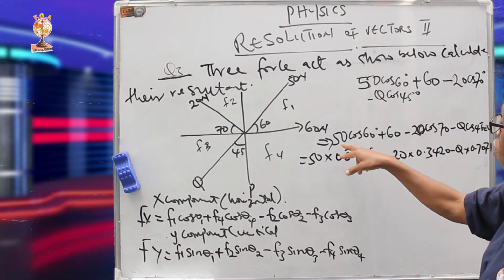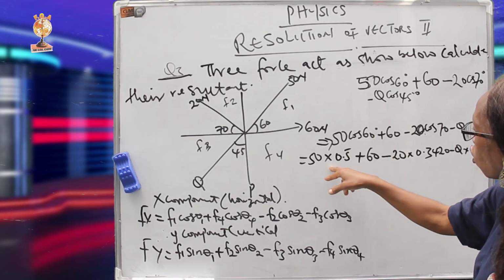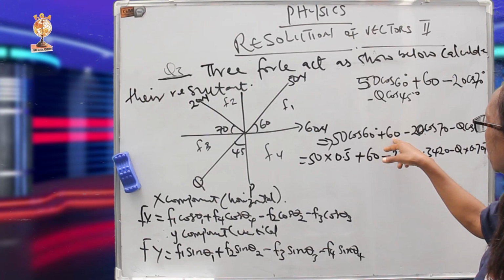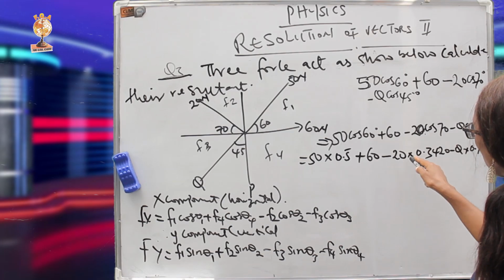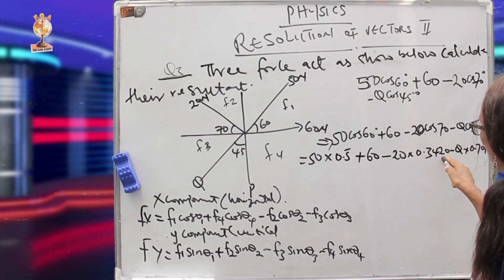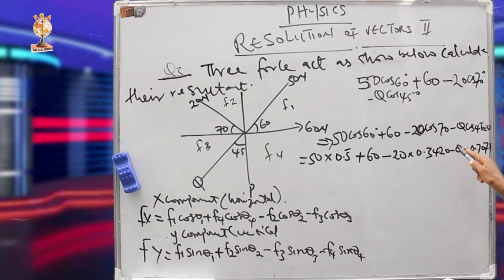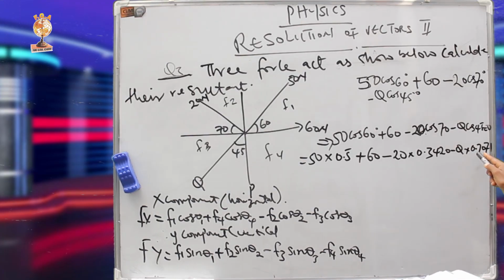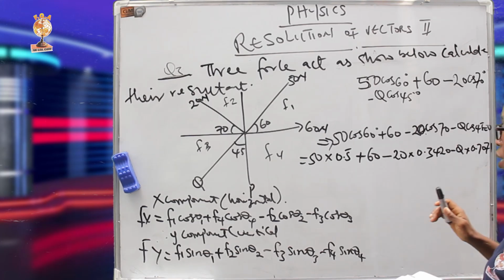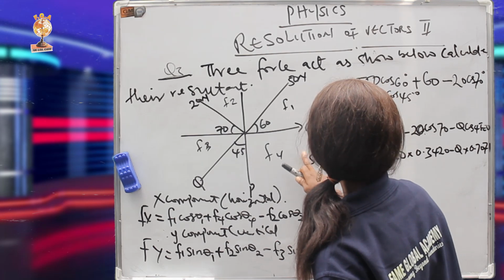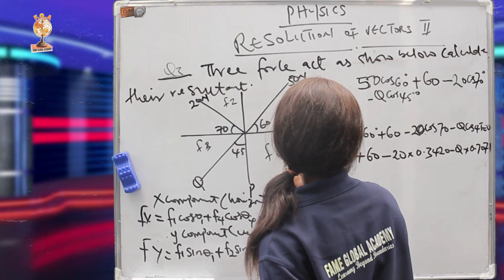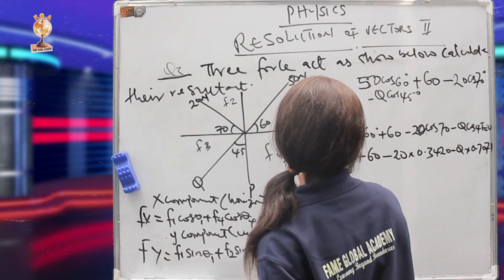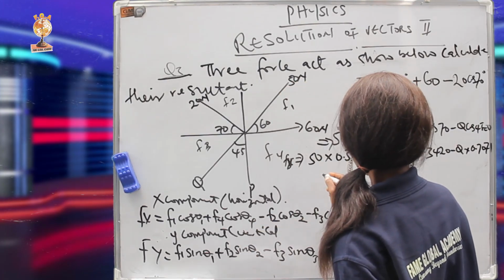I come again: 50 cos 60 is 0.5 plus 60 minus 20 cos 70, which becomes 0.3420, minus q times cos 45, which is 0.7071, all equal to 0. All this is under the f of x coordinates.